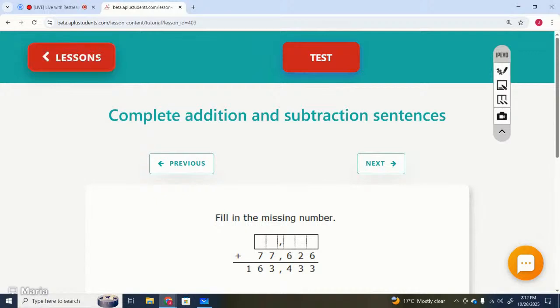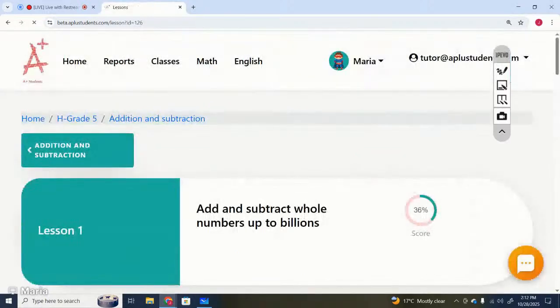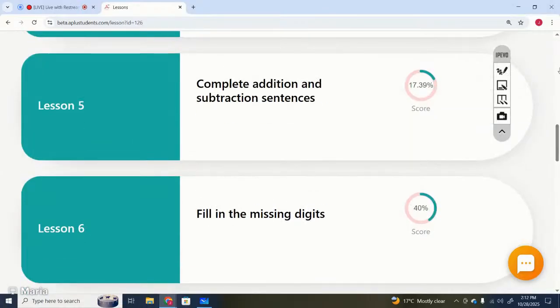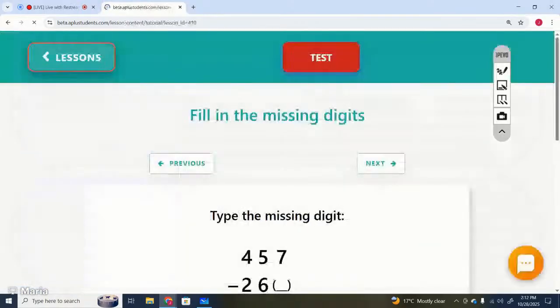The next lesson is fill in the missing digits.